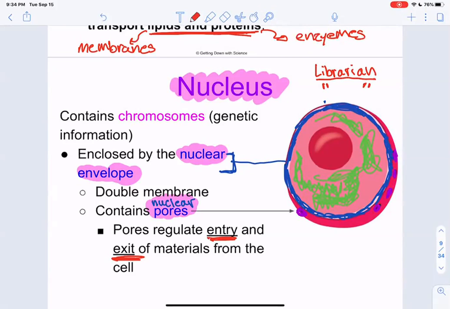He has the books. He has the genetic code, which has the instructions to make every single part of the cell. And so I would start thinking of titles or things to compare these organelles to, because ultimately it's going to help you understand so much more. It's going to make it so much easier than memorizing random vocab words, especially with the variety of functions that they may have.